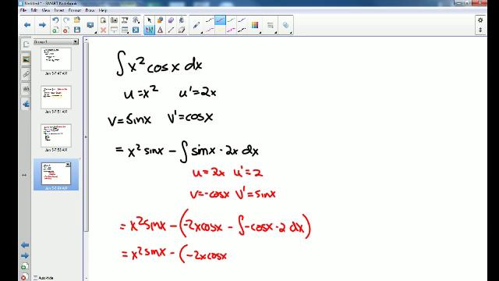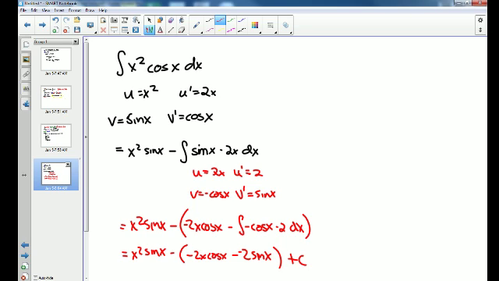What's the integral of negative 2 cosine x? Integral of cosine is sine.